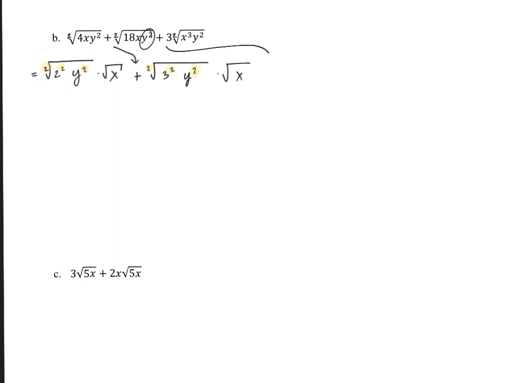Bringing down that plus sign over to here. We have that 3 out front. We'll leave it there, and then we have a square root x cubed. Well, in x cubed, I know there is an x squared. So I'll go ahead and take that x squared and put the leftover x in the leftovers radical.